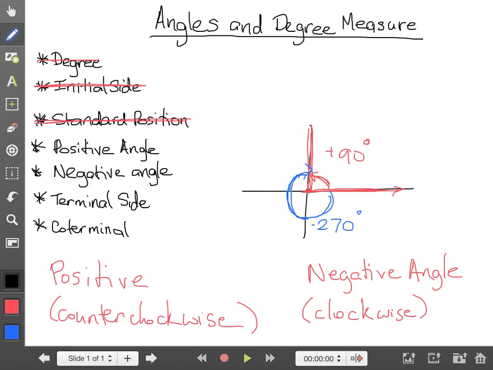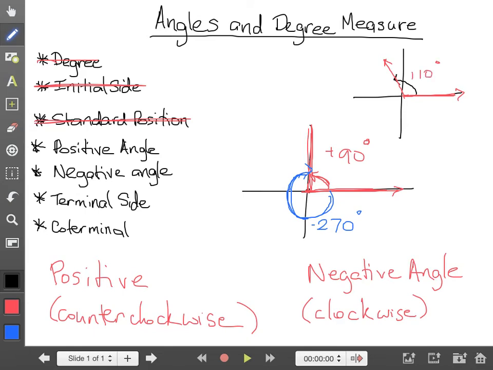All right, so let's look at another one just to make sure that we are used to this. Let's put it up here. This angle, let's make it start at the initial position, the standard position, and go up here. So it's a little bit over 90, so let's say that it is 110 degrees.